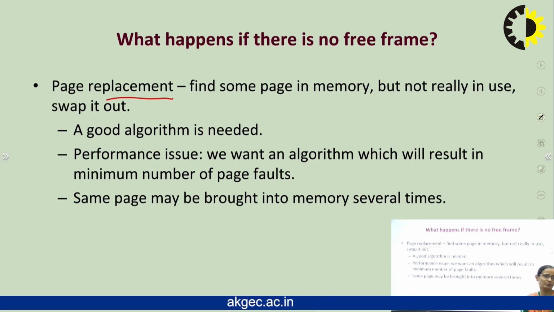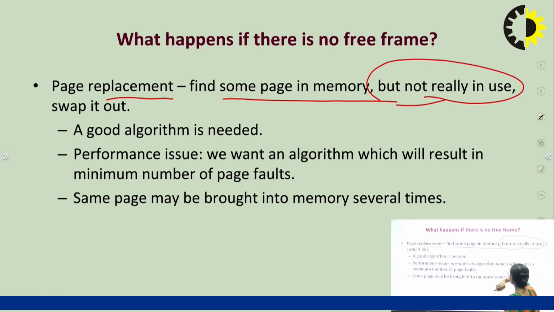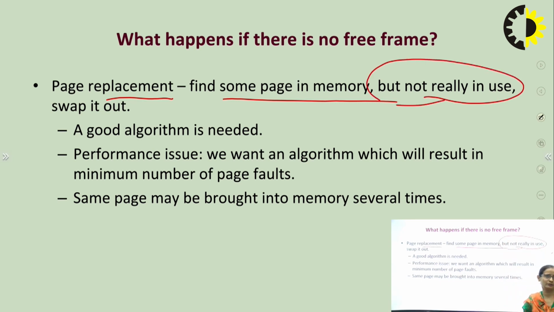What the page replacement algorithms are doing is finding some page in the memory which is not really in use. This plays a very important role when we are designing a new page replacement algorithm. We generally try to select that victim page, that victim frame in the memory, which is not required for a long time. So for this, we need a good algorithm.